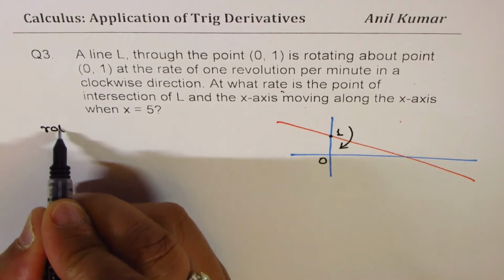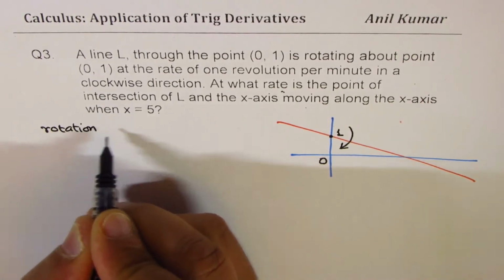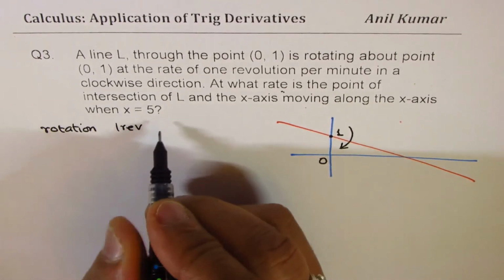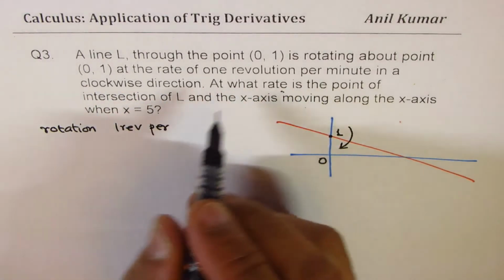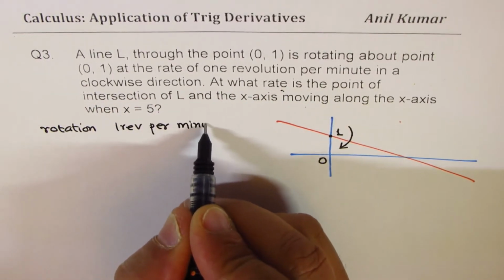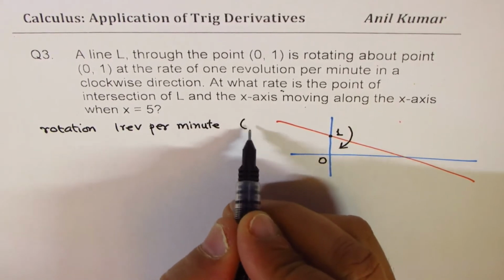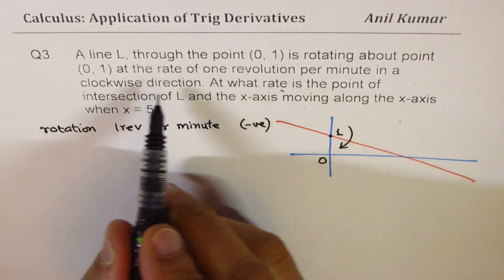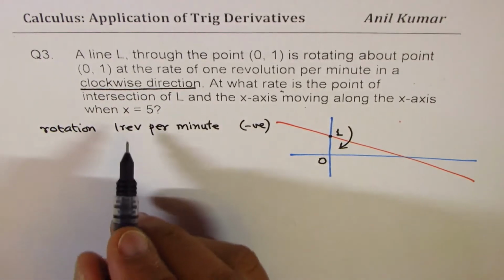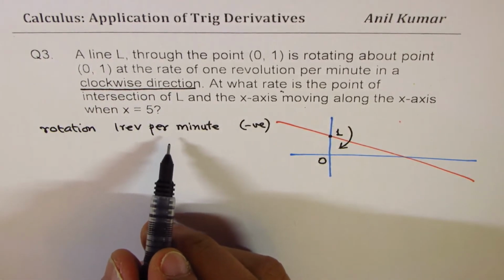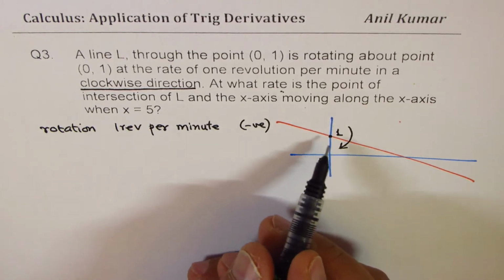So the rotation is given to us as 1 revolution per minute. Now this will be considered negative since it is clockwise. Is that clear? So 1 revolution per minute is the rate of change of angle.